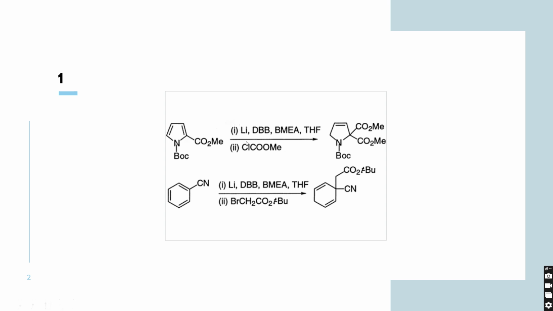If you remember the video lecture, when we carry out Birch reduction with cyclic substrates, depending on whether the substituent on the ring is electron donating or electron withdrawing, the position of the ring accepts the incoming electron first.